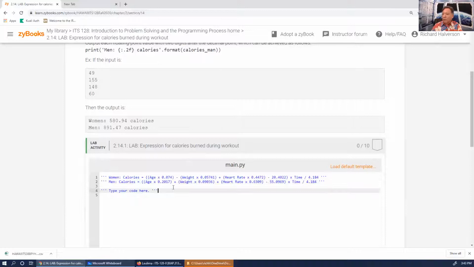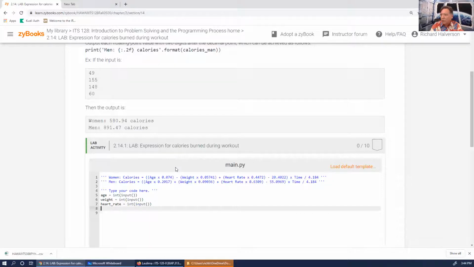So first you got to read in these numbers. So I'm going to say age equals int input. Then I'm going to say weight equals int input. And I'm going to say heart rate equals int input.